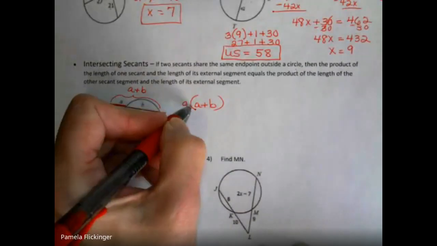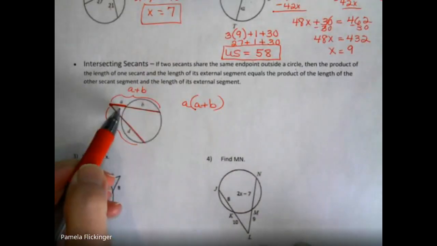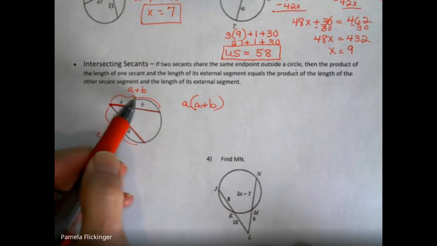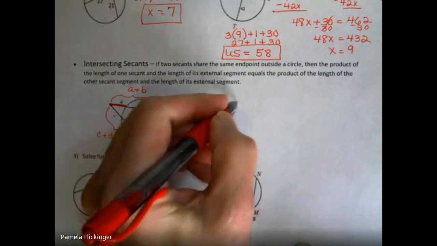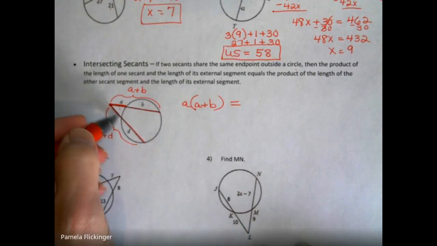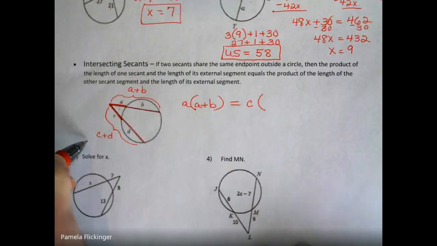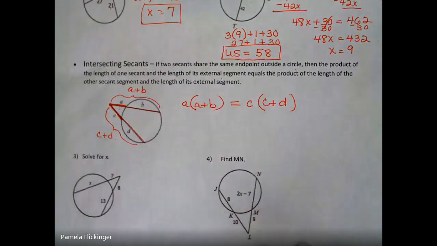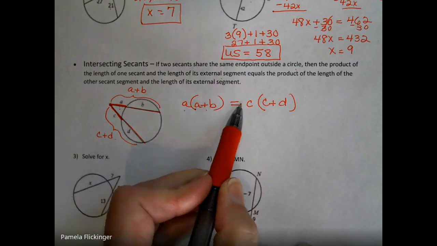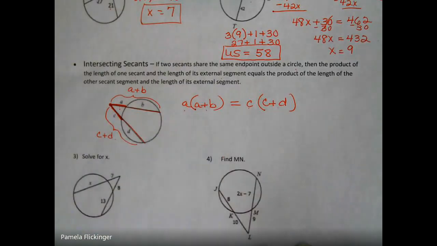So I'm going to put that in front. So A times the whole segment, A plus B, is going to equal the external part of this secant segment, which is C, times the whole secant, which is C plus D. So external times the whole thing equals external times the whole thing.